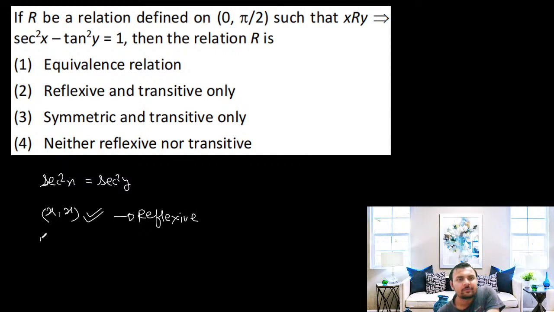If xy is correct, then yx is also correct. Yes. So symmetric.